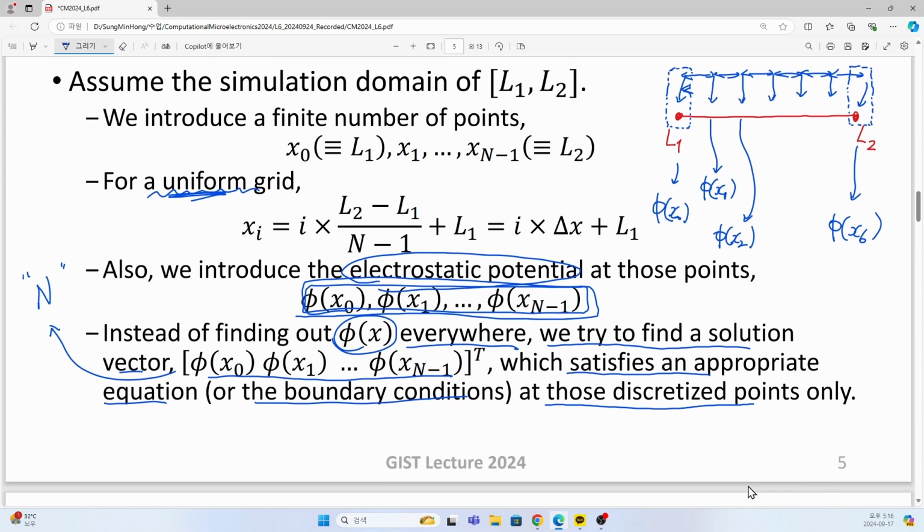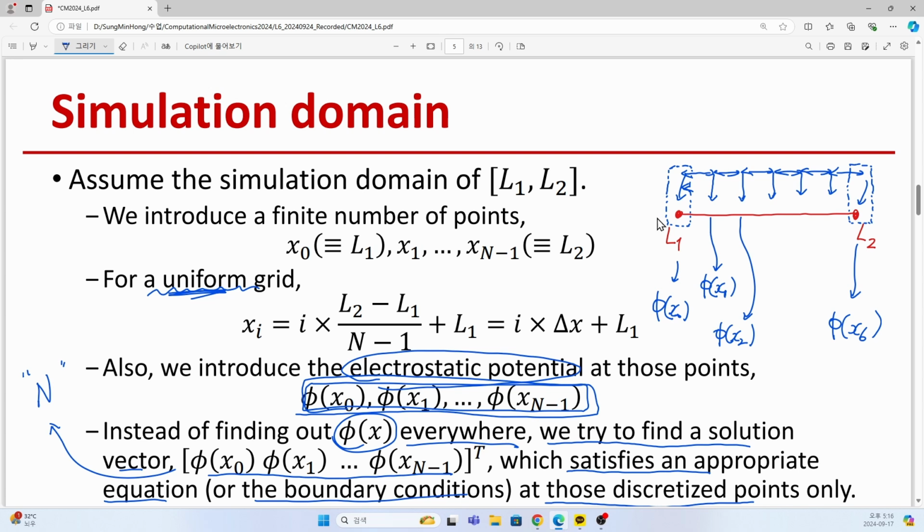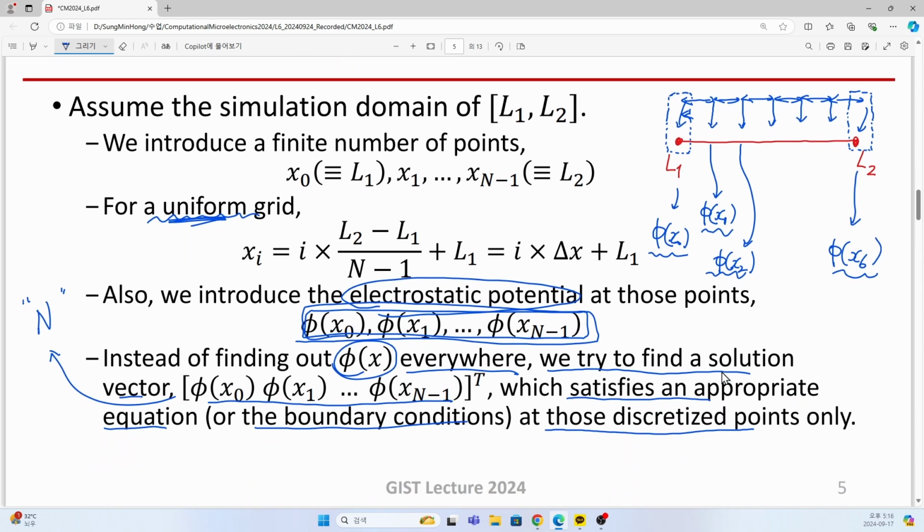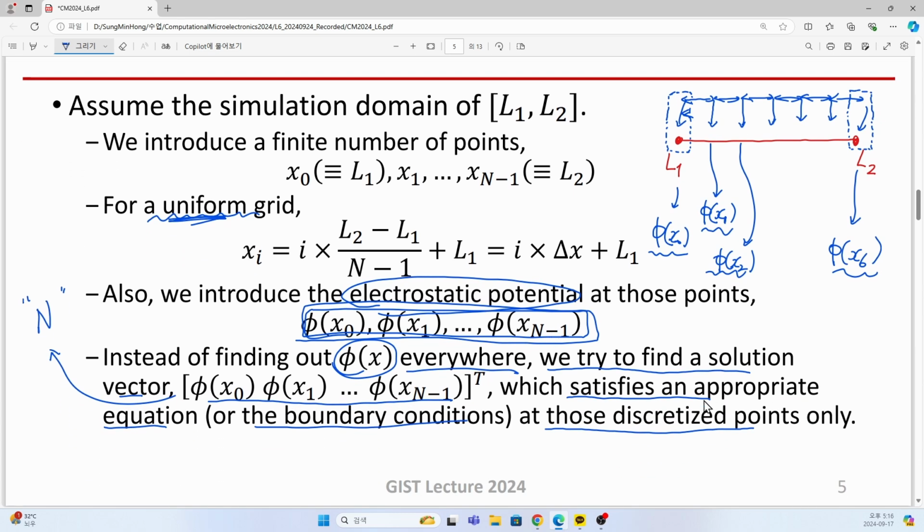So it means that by introducing these discretized points, when all of these unknown variables defined at discretized points satisfy these discretized equations, then we are happy within this numerical analysis.